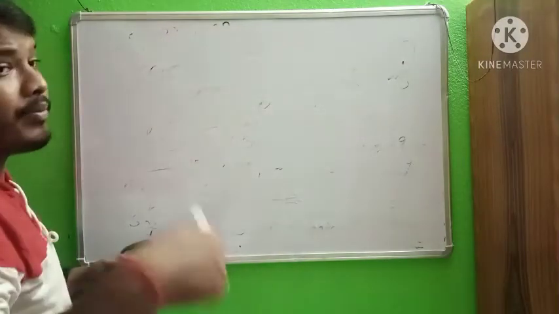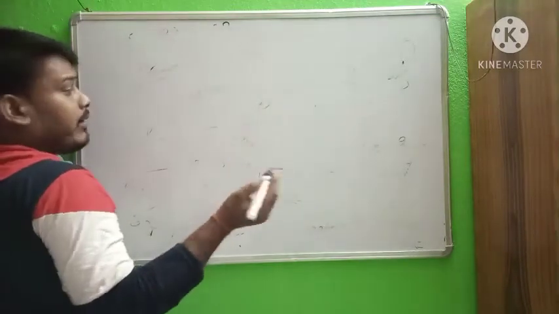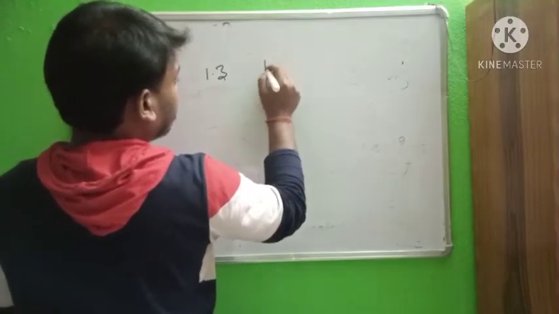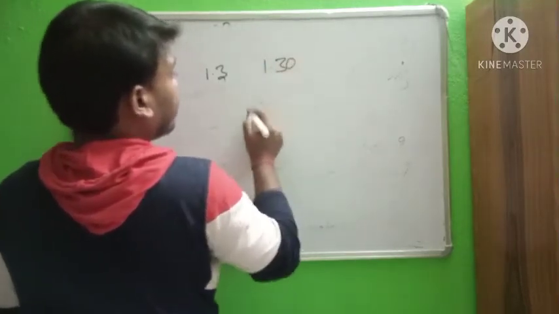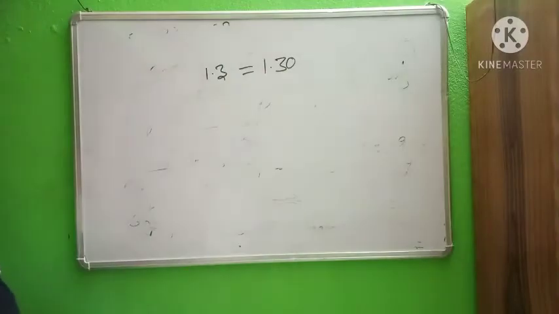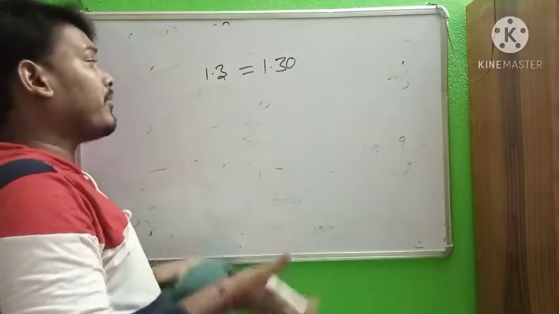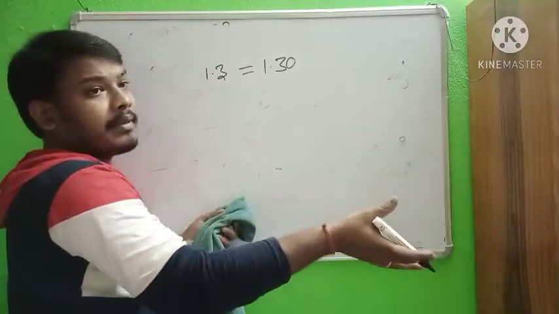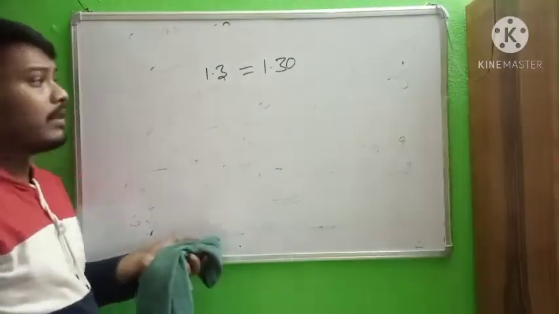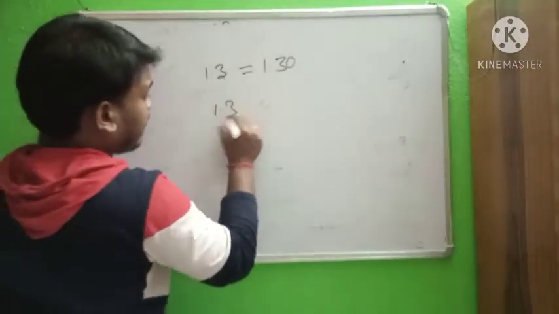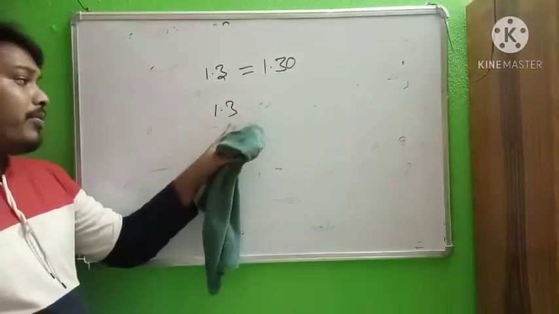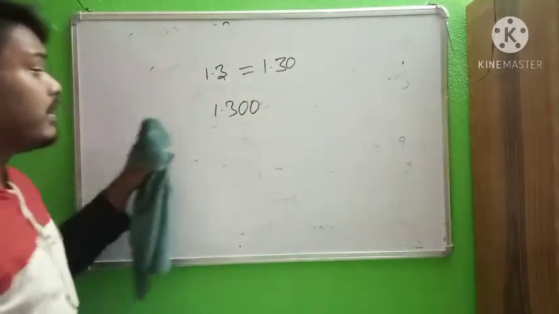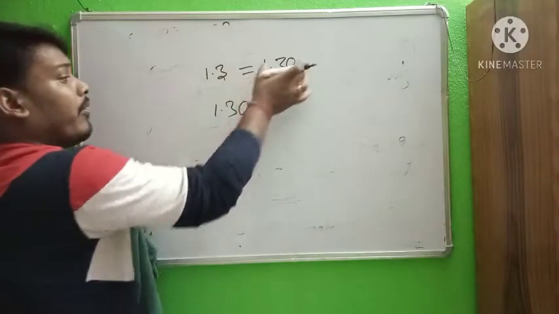Before that I will tell one thing. 1.3 and 1.30 are equal. In other words, if we add zeros after the decimal part, then the value will be the same. The value of 1.3, 1.30, 1.300, all have the same value.